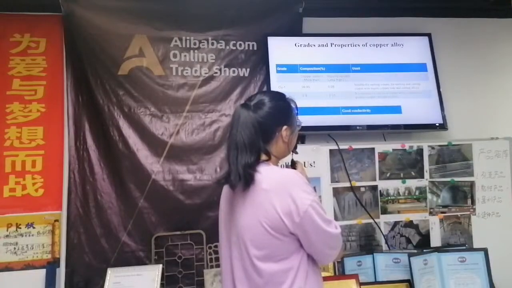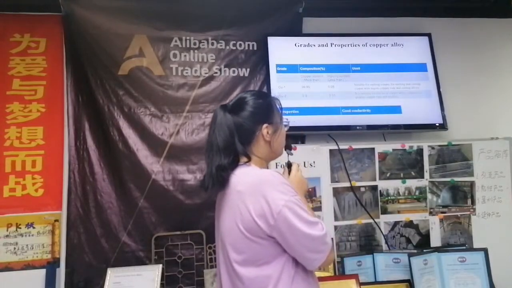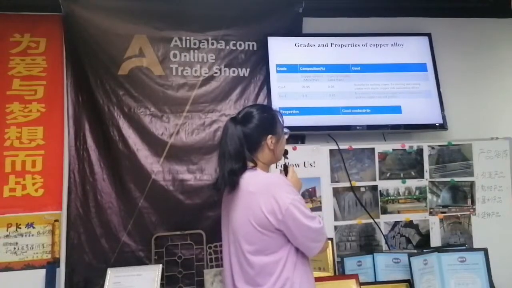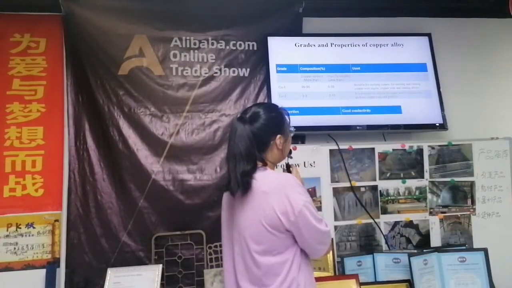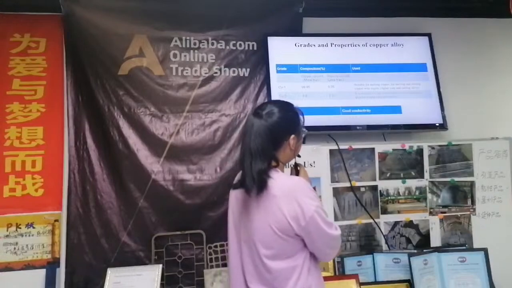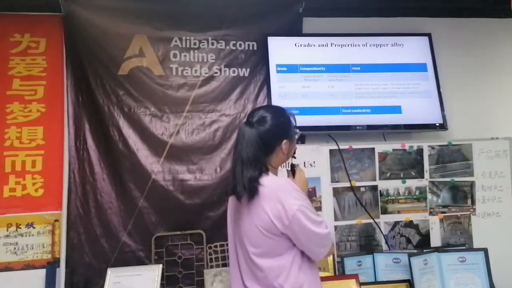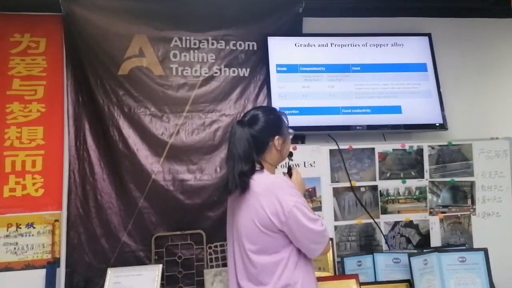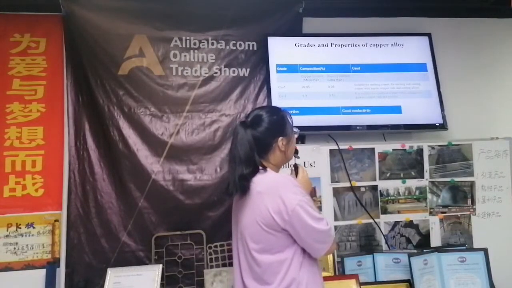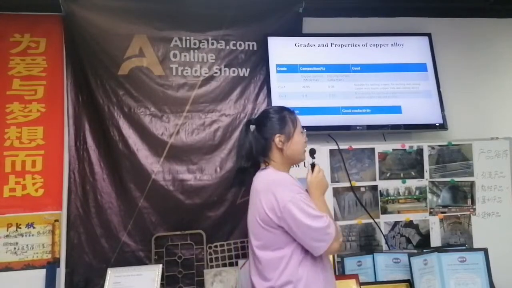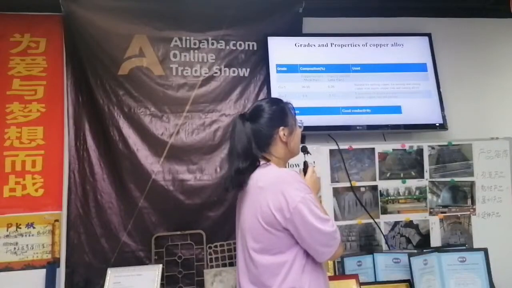Impurity contains less than 0.05%. For copper 2, the copper contains more than 99.9%, and the impurity contains less than 1.1%.